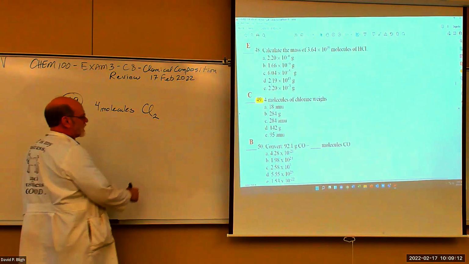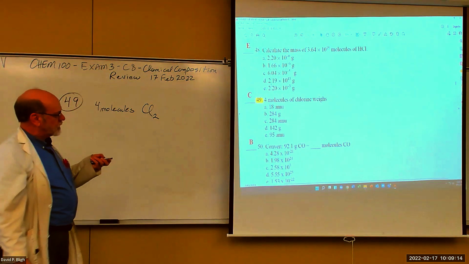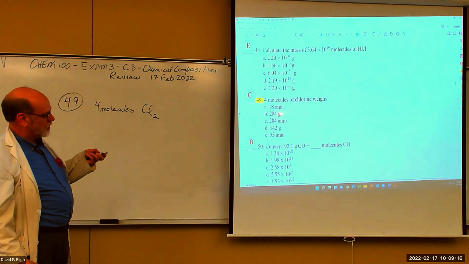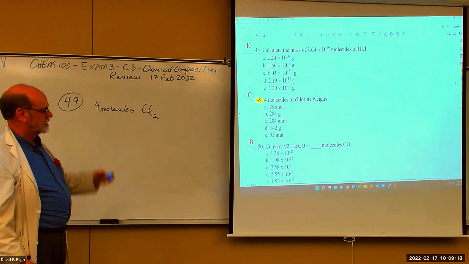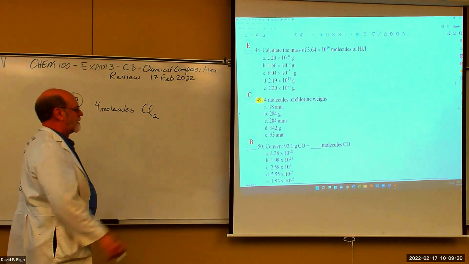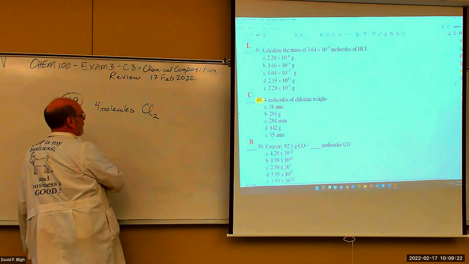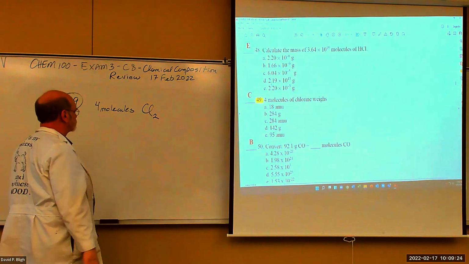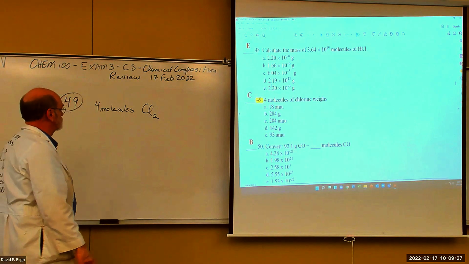So how much does it weigh? Right, we have 2 choices, grams or atomic mass units. All right, so we could calculate both ways.